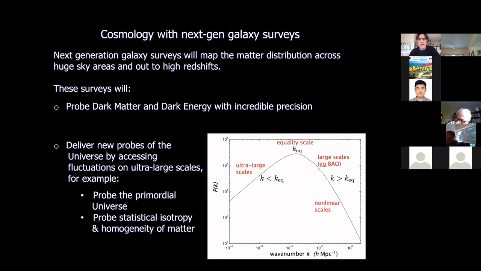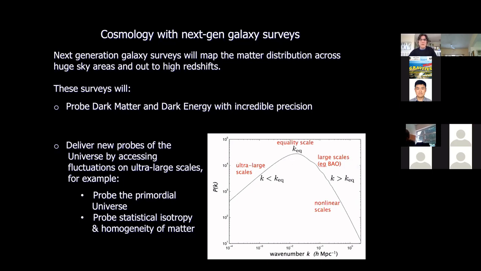But what will that allow them to do? Well, there are a number of things which accessing these ultra-large scales will facilitate. First of all, to probe the primordial universe, which I will explain and talk about in the rest of my talk shortly. Secondly, another example, they'll be able to probe the statistical isotropy and homogeneity of the universe via the matter distribution, as opposed to the cosmic microwave background.